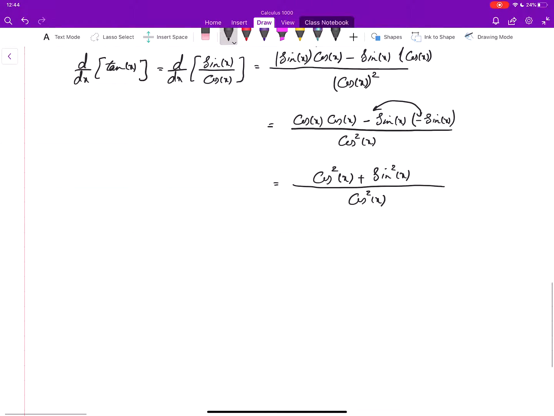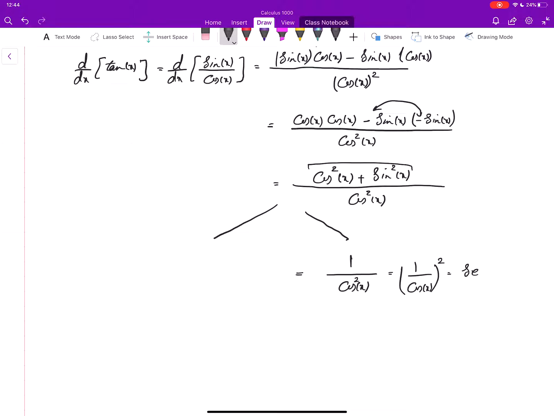Now, you can simplify this in two ways. One is that you know the numerator, sine squared x plus cosine squared x, is always equal to 1. And this is 1 over cosine squared x. But this is the same thing as 1 over cosine x to the power 2, and 1 over cosine x is secant x, so it is secant squared x. Or you can separate these and write them as cosine squared x over cosine squared x plus sine squared x over cosine squared x.